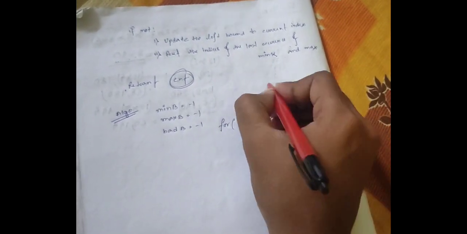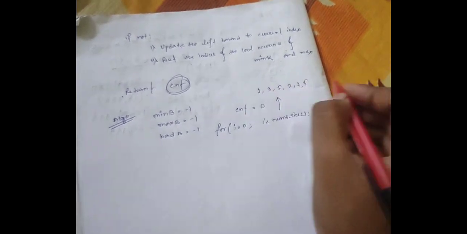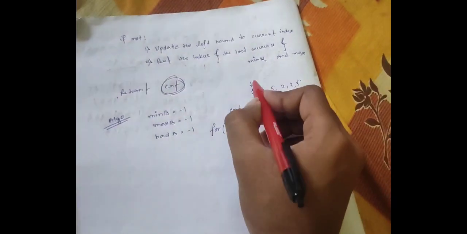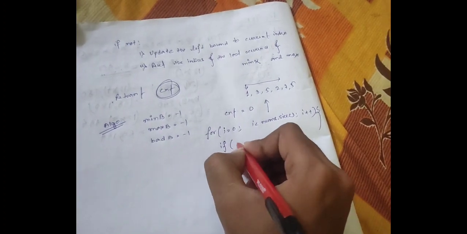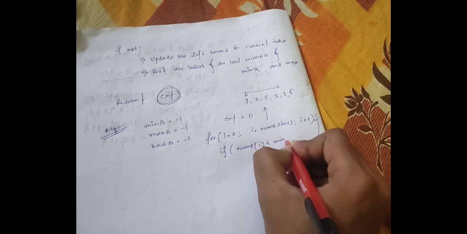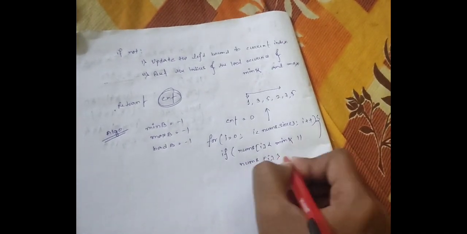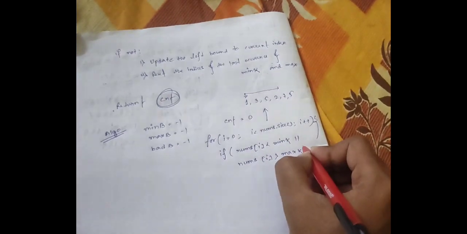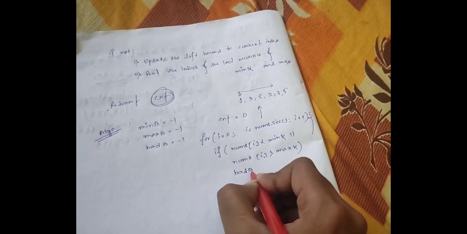Okay, so what it does is, look at 1 3 5 2 7 5, we start from there and continue till the end. Okay, in the loop we will check the main condition: nums of i is less than minK or nums of i is greater than maxK. If either is true, then the bad boundary is updated.